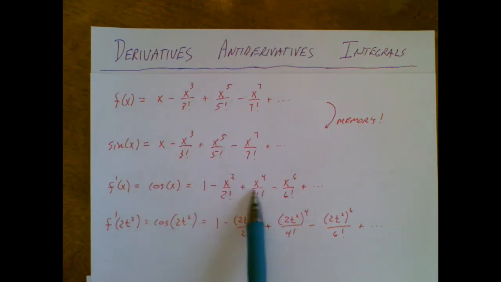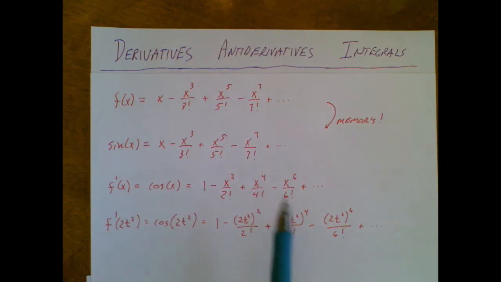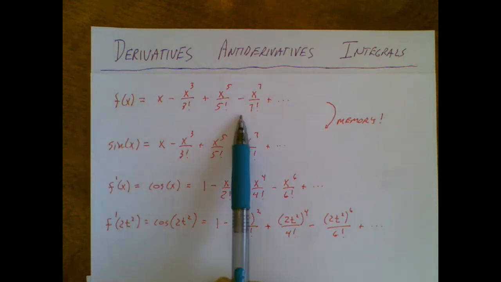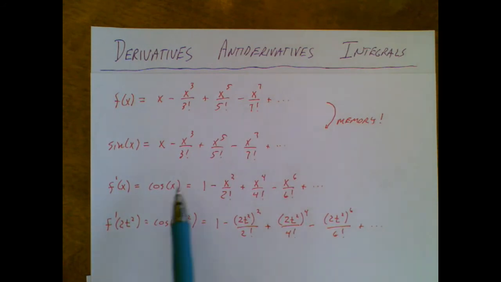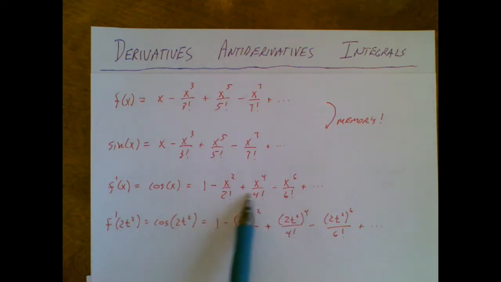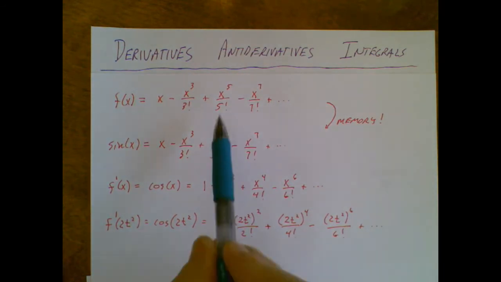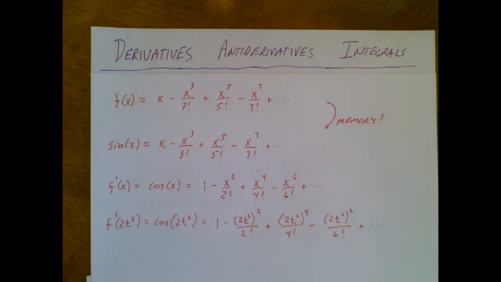I could still go term by term and get the same derivative I did before, but another thing I could have done is I could have said, all right, if I know f of x is representing sine of x, then I know that f prime of x is cosine of x, so I could have jumped straight to cosine of x if it's in my memory, and then I go ahead and I plug in the 2t squared. So f prime of 2t squared or cosine of 2t squared, I'm going to get the exact same answer as I did before. This might be more efficient for some of you. It might not be.